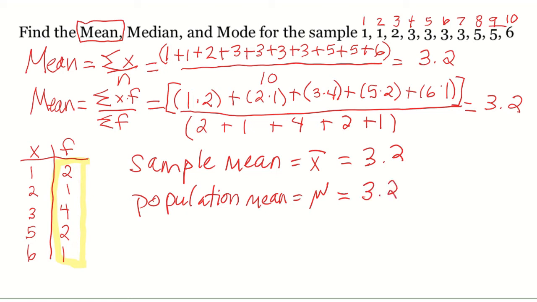You solve for both values exactly the same, and your problem is going to tell you whether you're using a sample or a population. And we can see here that this is telling us we're using a sample, so that means our final answer would be x bar equals 3.2.